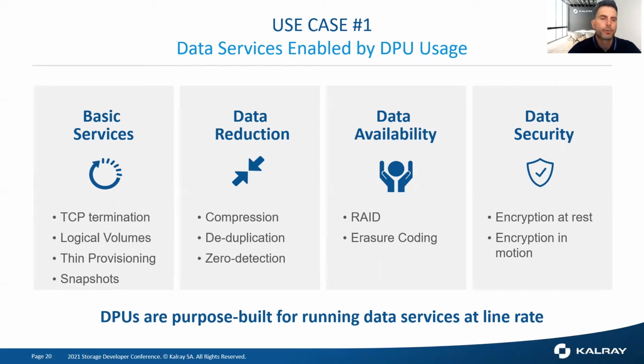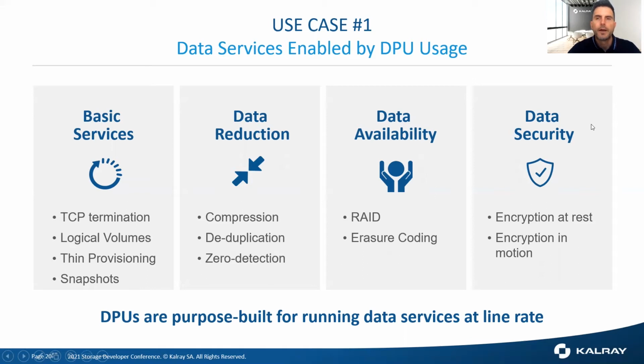Logical volumes, thin provisioning, and snapshots are, of course, basic services that are needed on any storage appliance. And then we have some other data services that are much more processing hungry, like data reduction, data availability algorithms, or data security.